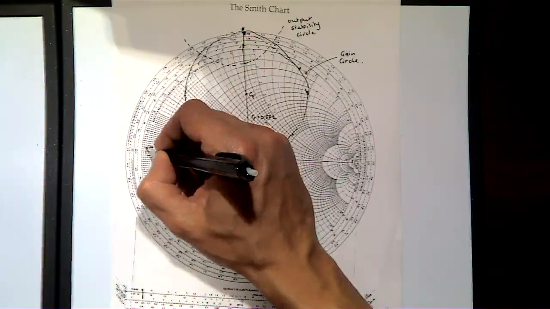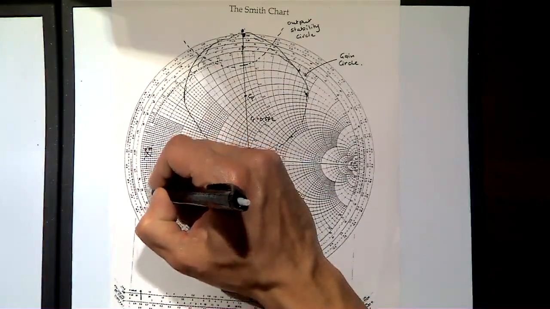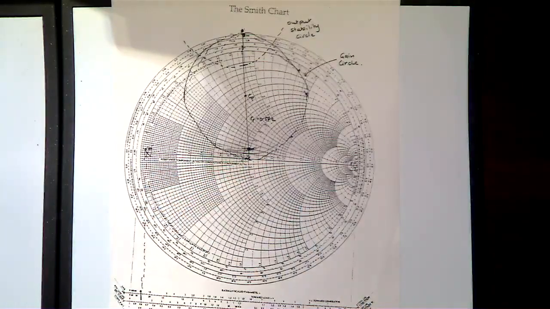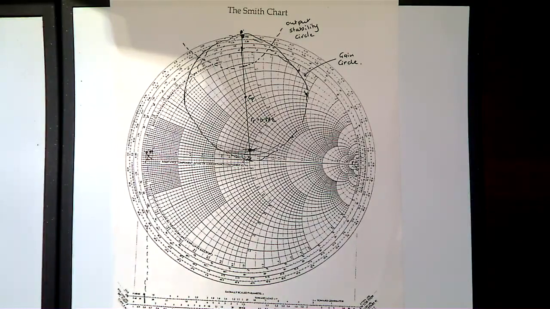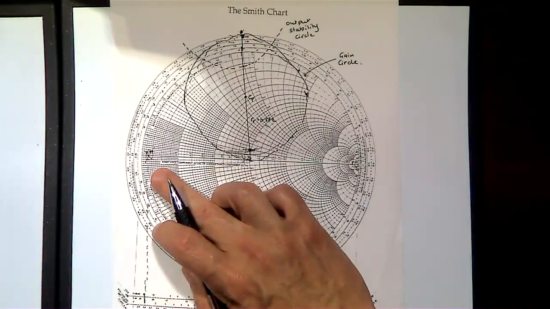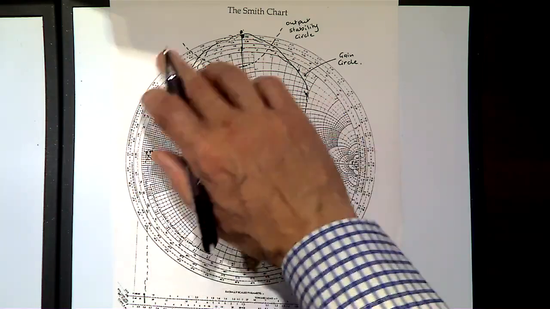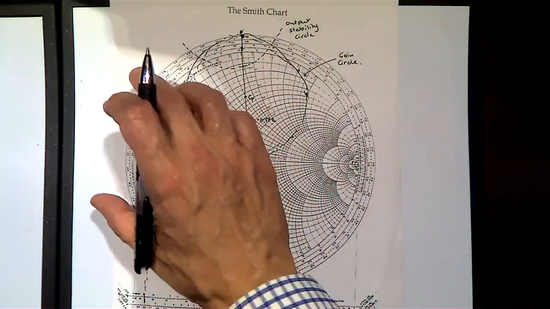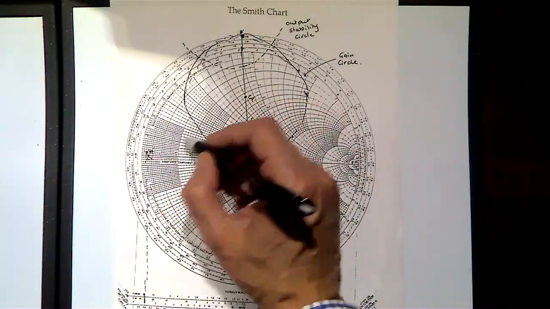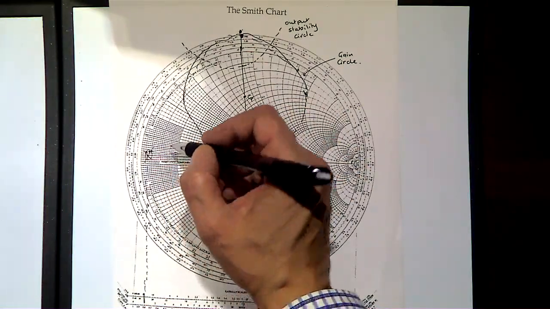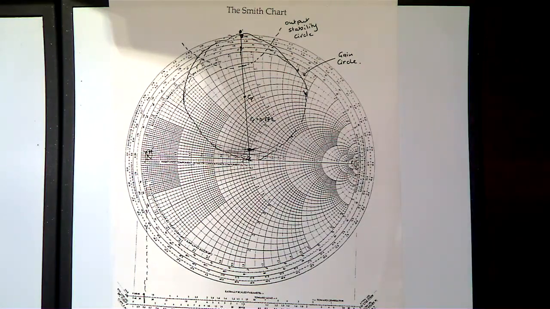And that's not desirable, because it says our voltage standing wave ratio is 25 to 1. For the test or the exam, that'd be fine. But really, you would say to yourself, this isn't really desirable. Let's forget about that and choose another point, provided it's outside the input stability circle, so that it gives you a desirable voltage standing wave ratio.